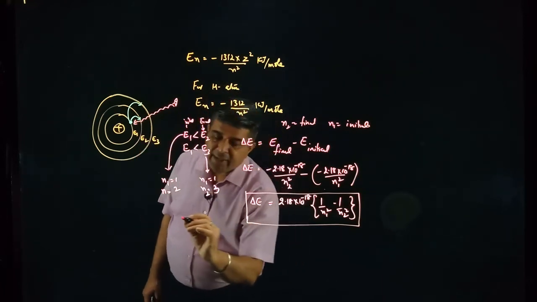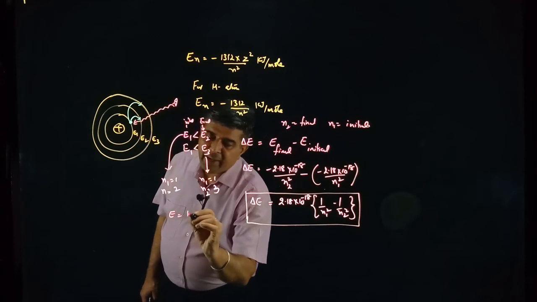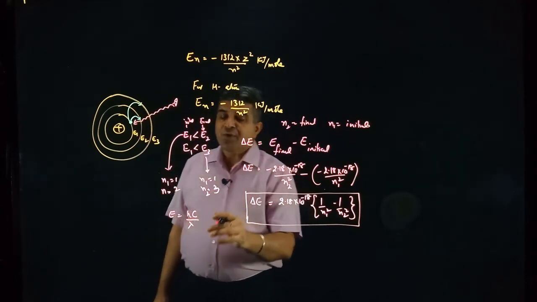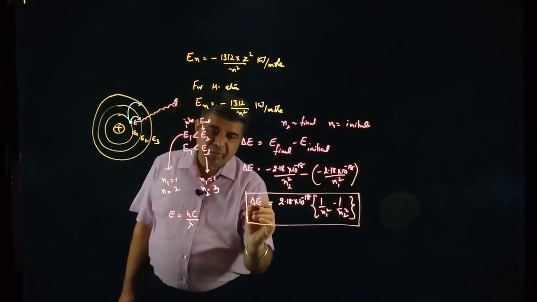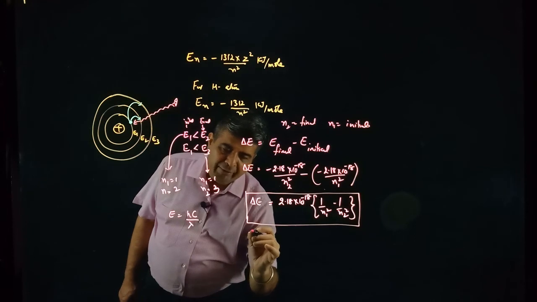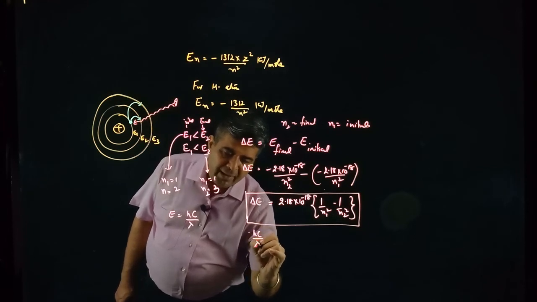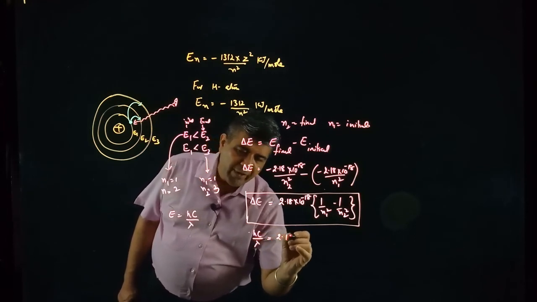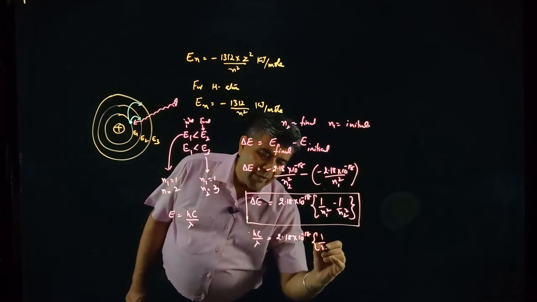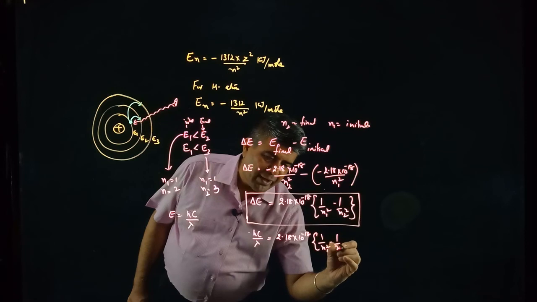Now we know that energy is given by hc by lambda, which we have studied in Planck's quantum theory. So this change in energy or energy is one and the same thing, so I can write hc by lambda would be 2.18 into 10 raised to power minus 18, 1 over N1 square minus 1 over N2 square.